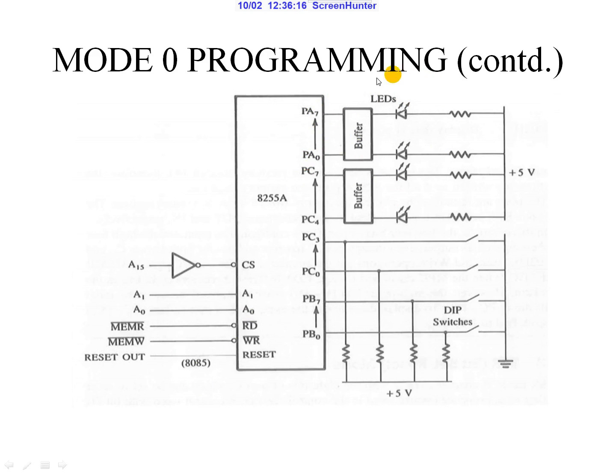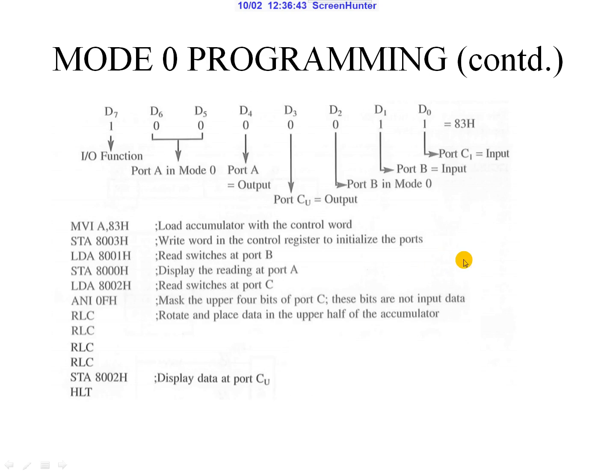Here PA0 to PA7 are connected to the LEDs, and PC0 to PC7 are connected with the buffers, whatever buffers we need for the LEDs. We will be using a separate buffer for the LEDs and a separate buffer for the dip switches. These dip switches are connected to port B, as mentioned in this diagram.